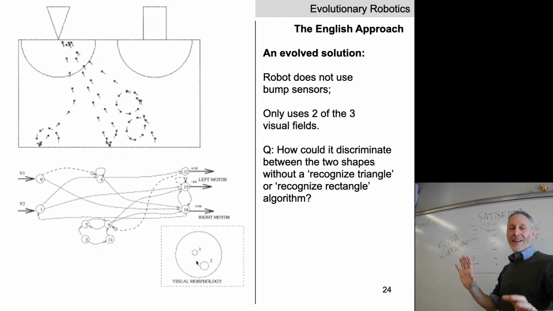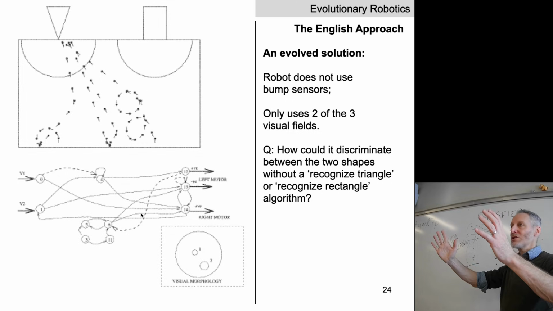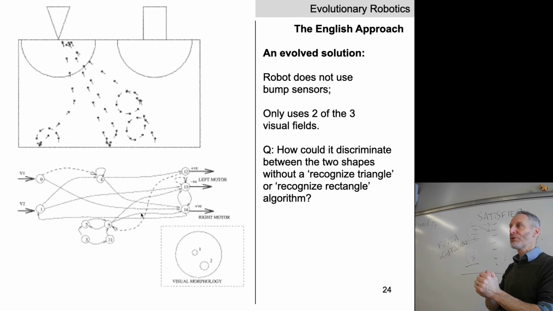It's combining it in a very non-intuitive way, not how we would probably design a robot to distinguish between triangles and rectangles, but it works very, very well. It's a simple but good solution. Because it's simple, it actually probably generalizes better than more complicated approaches. And it's integrating physical information about the world, information about itself to solve this task.